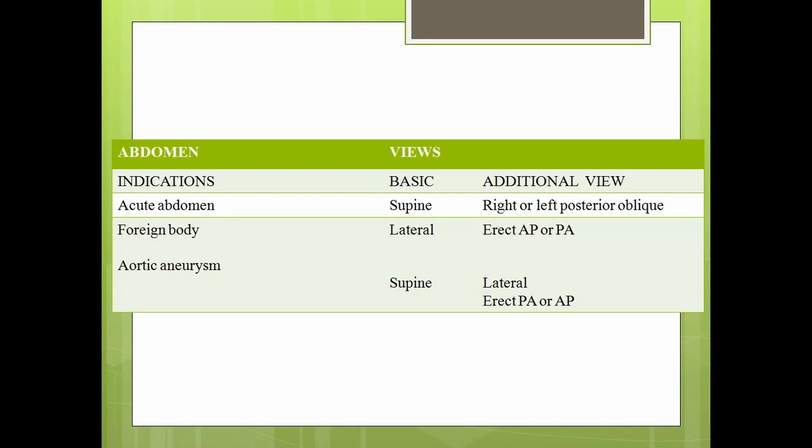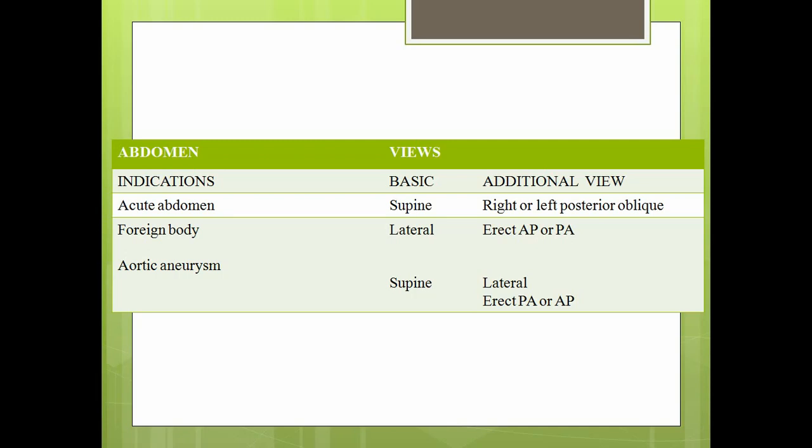What additional view is required? Sometimes if we are not able to see it in supine, we have to go for the right and left posterior oblique. Next is the foreign body indication. Supine radiography will be taken anyway, and we will also take a lateral view, or erect AP or PA, to locate the foreign body.